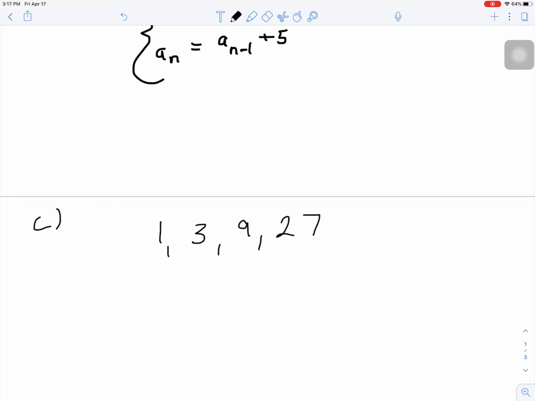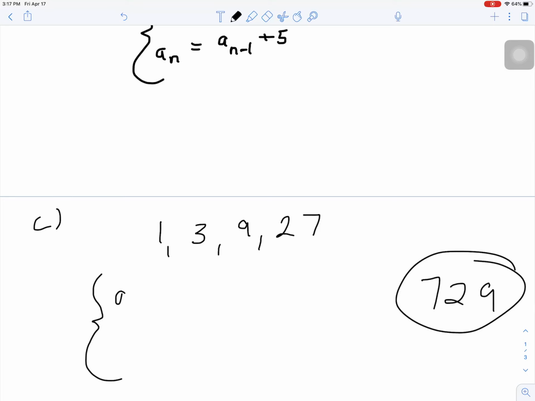Write a recursive formula for the sequence and find the term that follows 729. So we're just going to write 729 here so we can remember that. If we look at what's our first term, A1 equals 1. What's our formula? Well, it looks like we're multiplying by 3. So that should make sense so far.